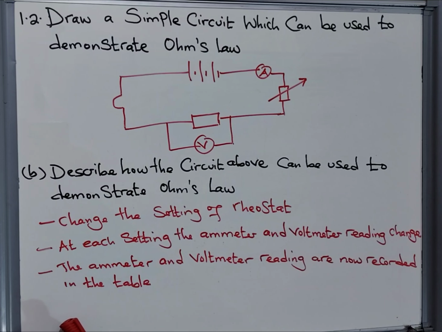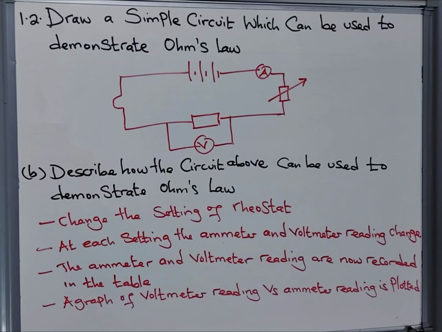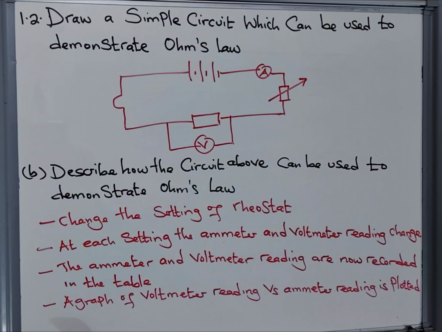The next step is to draw a graph of voltmeter reading, or voltage, versus current. So after drawing the graph, what is next? What is next is to assess the graph.